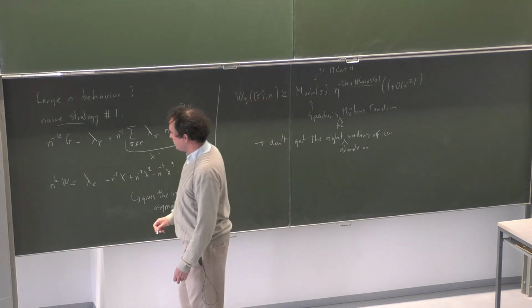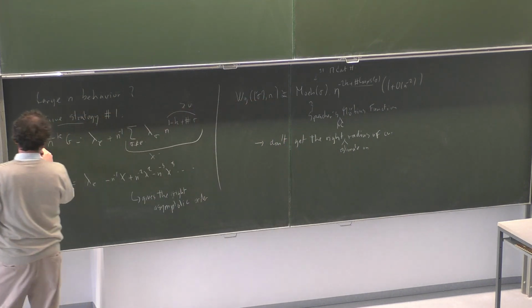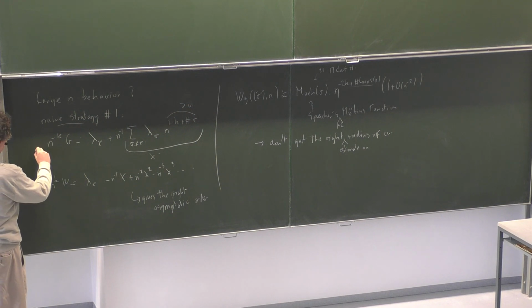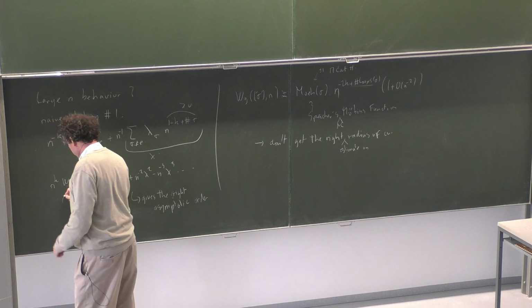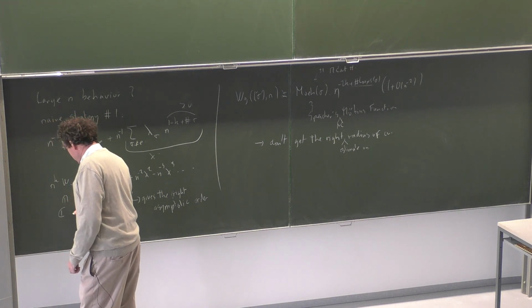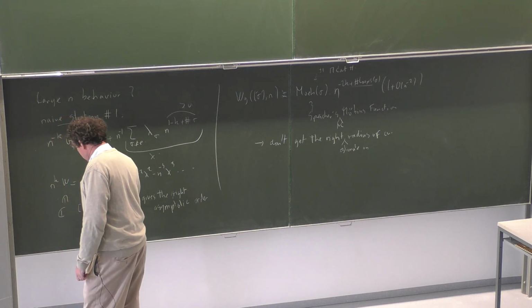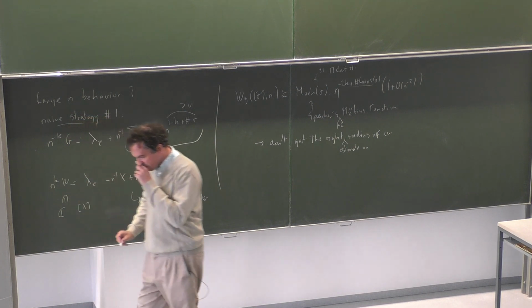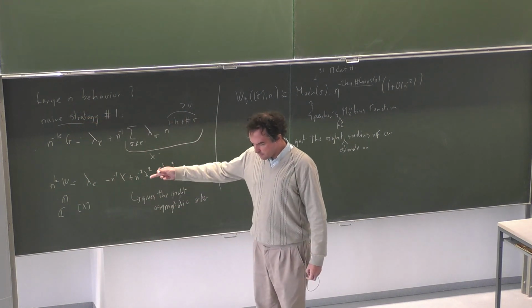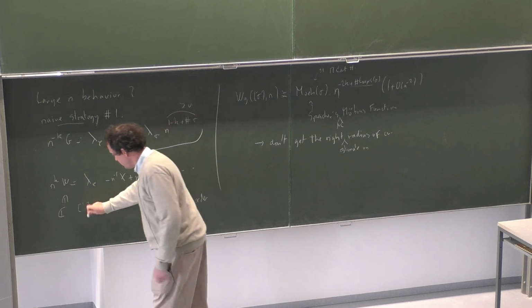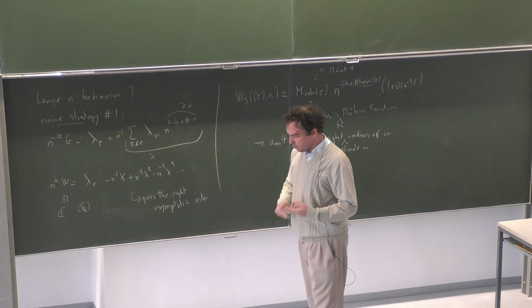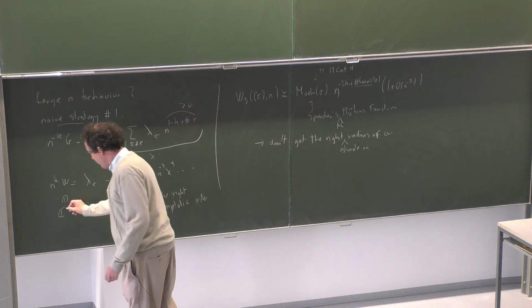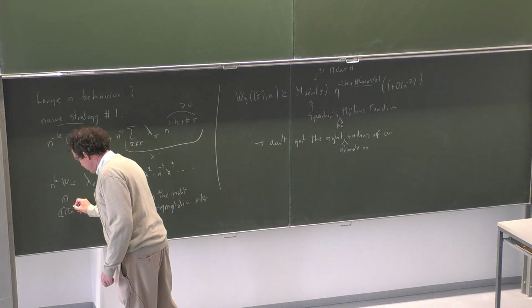you could think of this, if you want, as a formal power series. You could think of all this as being elements of the group algebra, not over the complex field, but rather over the power series in n inverse.